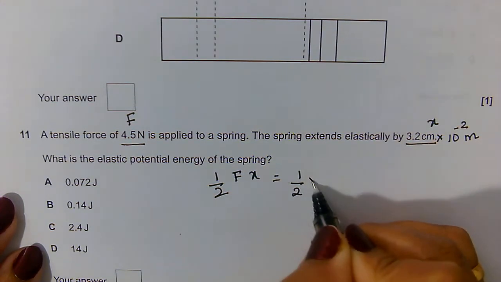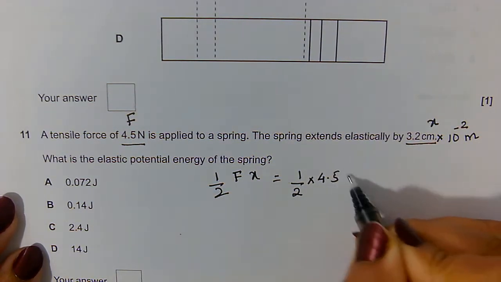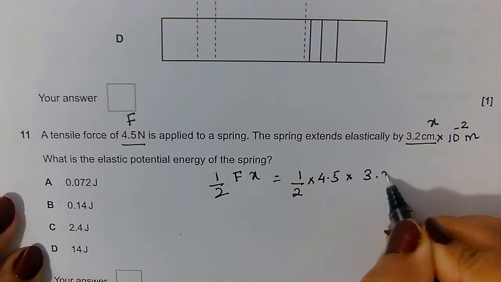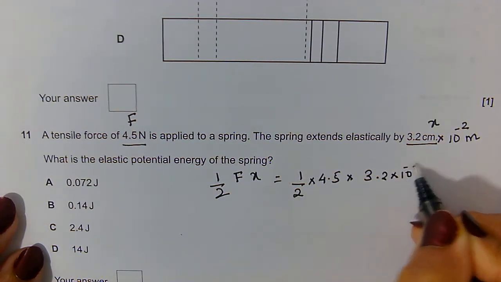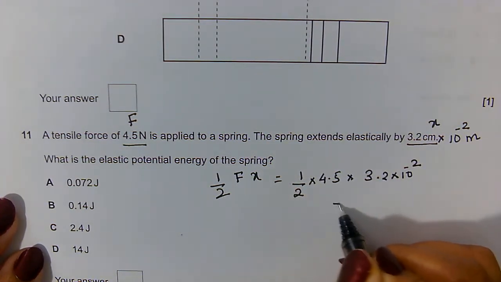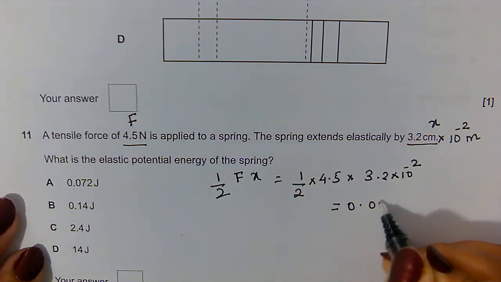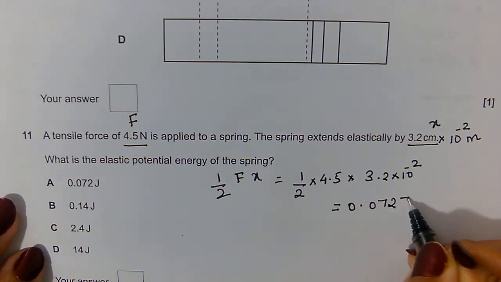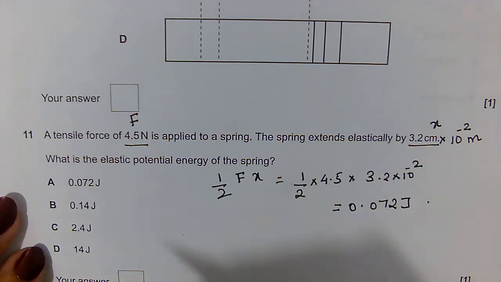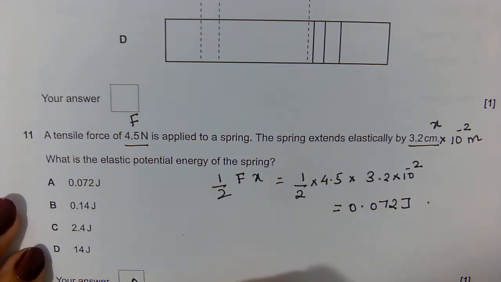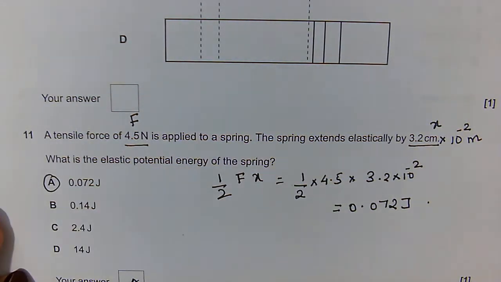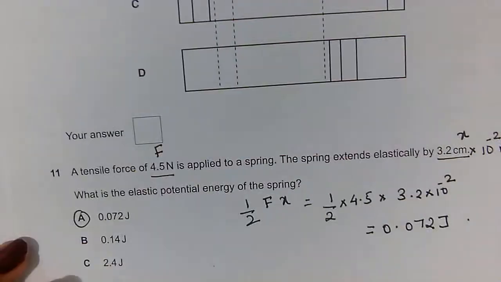So half times 4.5 times x, which is 3.2 times 10 to the power minus 2 meter, and you end up getting 0.072 joules. So the answer is A. Clear? It was a simple question.